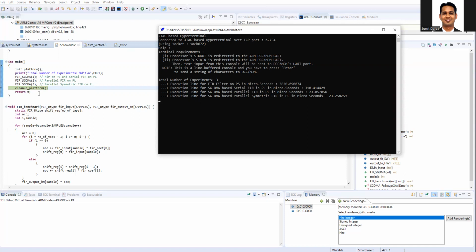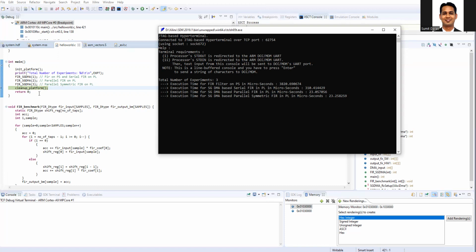Sometimes you need to do interpolation and decimation, and you can incorporate that functionality. These are the things you can incorporate in your HLS IP to meet your application requirements, but the basic structure of the FIR filter will remain the same.